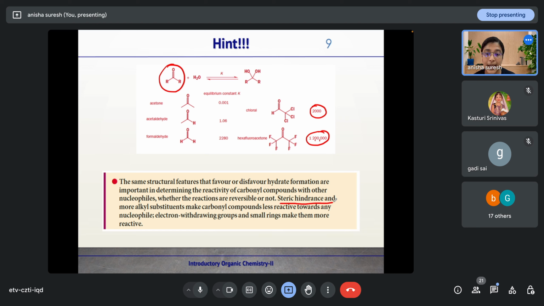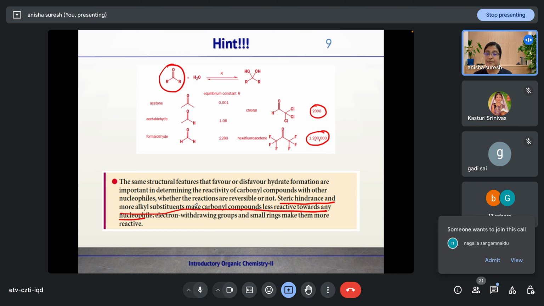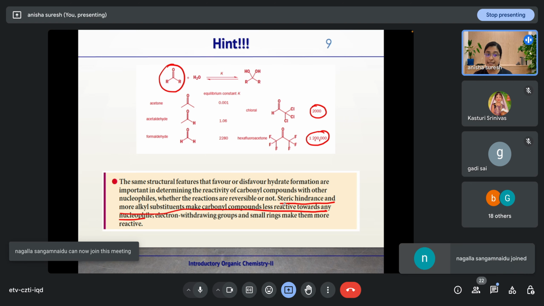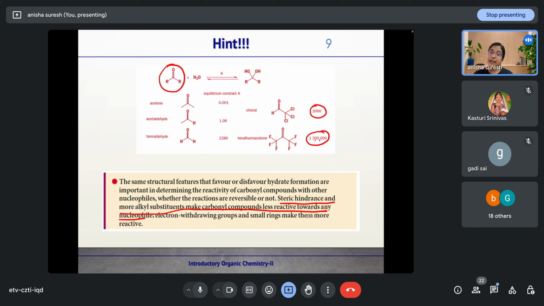Steric hindrance and more alkyl substituents make carbonyl compounds less reactive towards any nucleophile. If electron withdrawing groups or small rings are present, then the carbonyl groups will be more reactive towards the nucleophile. So these are the factors that we have to consider when looking at reactivity. Clear?